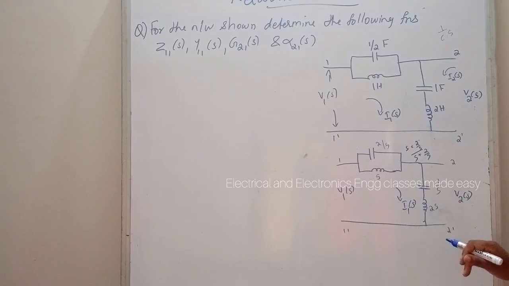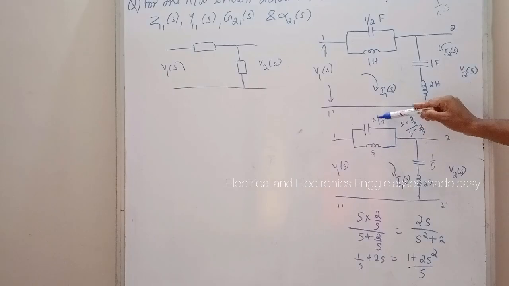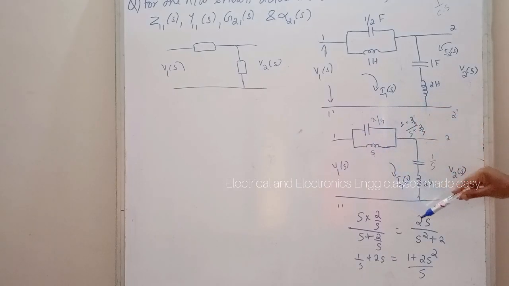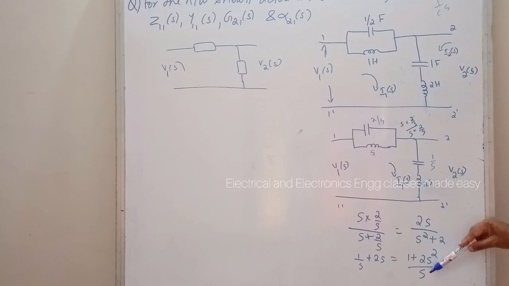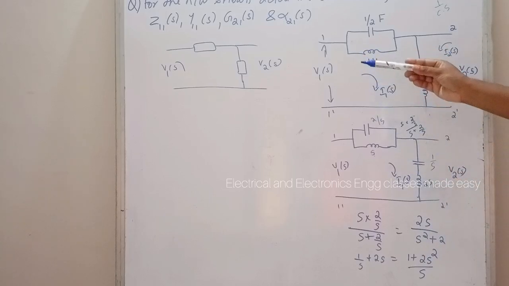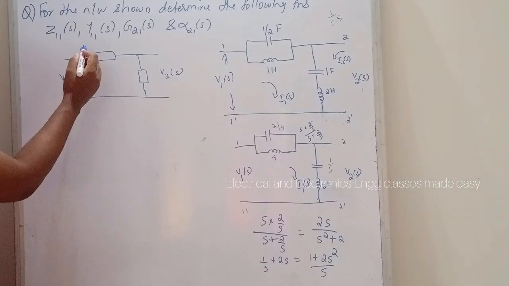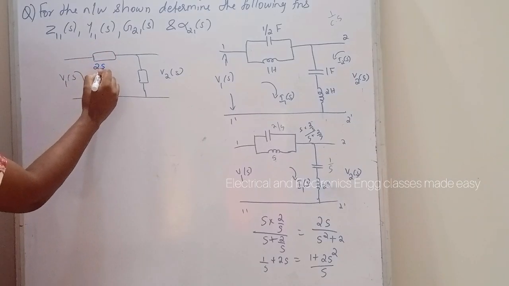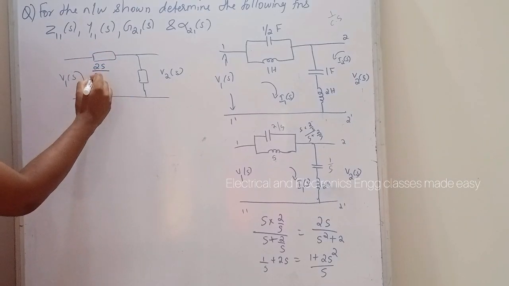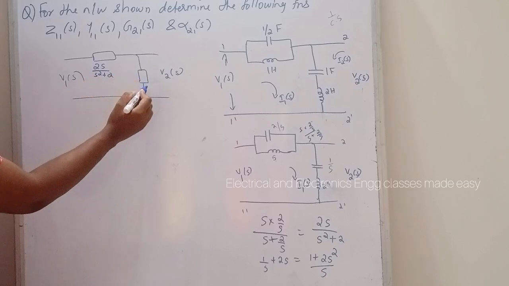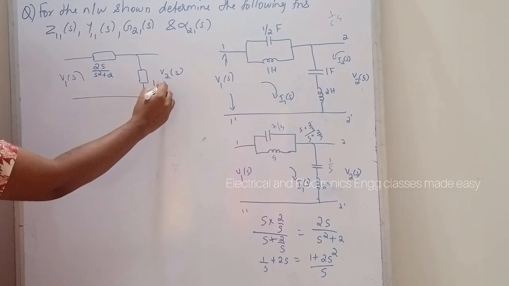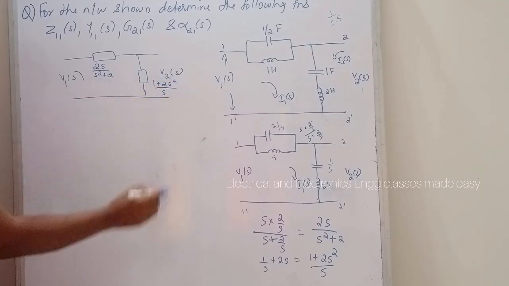Now redraw the circuit. So these parallel elements are equal to 2s divided by s square plus 2, and these two in series equal to (1 plus 2s square) divided by s. Now we can write in the new network.